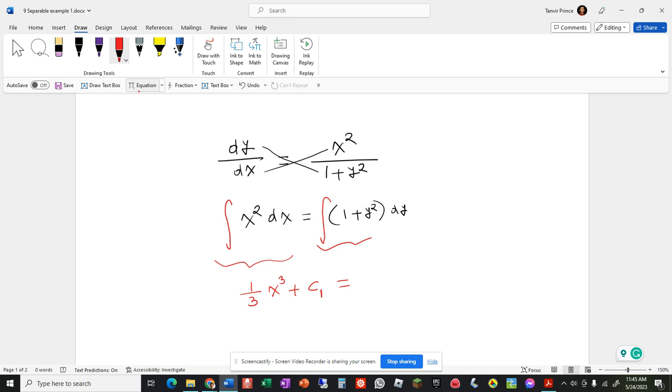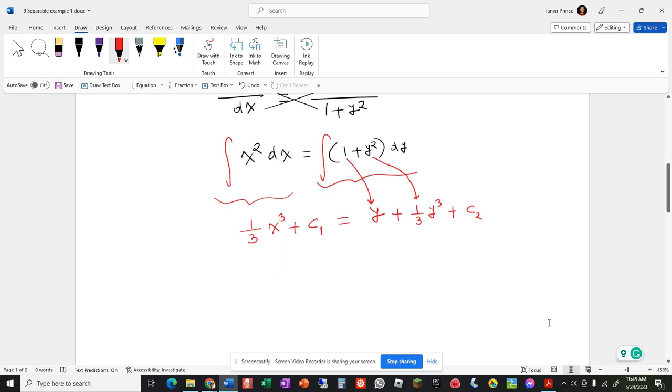And the integral of this side: the integral of 1 is y, and the integral of y squared is 1/3 y cubed, plus c, which I'm just going to call c2. I want to make some comment about c1 and c2 a little later.